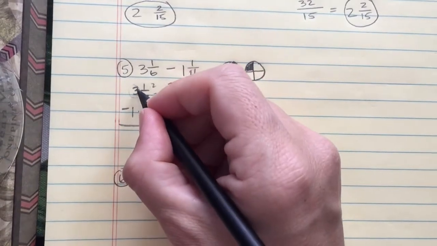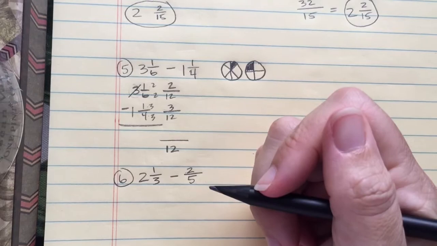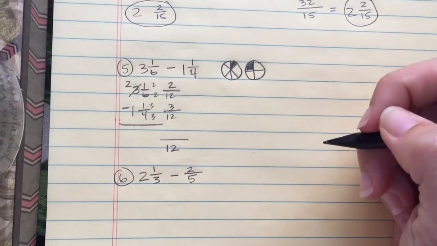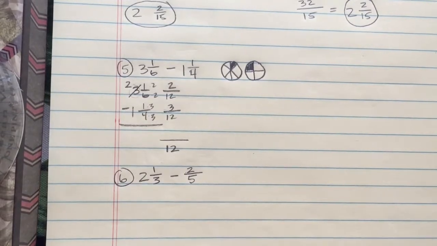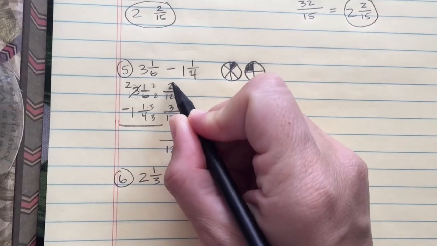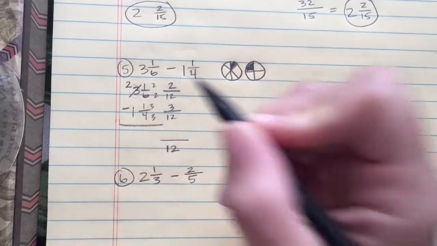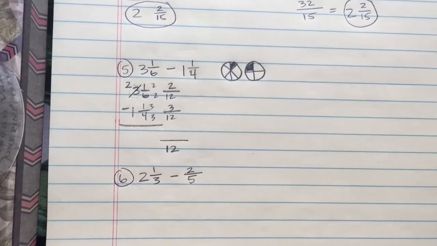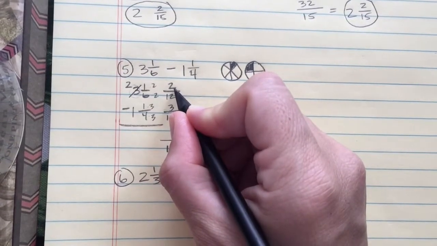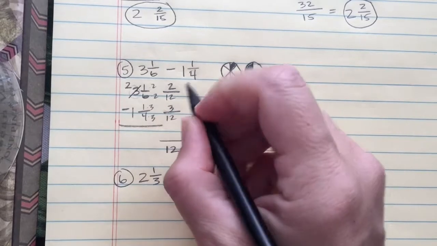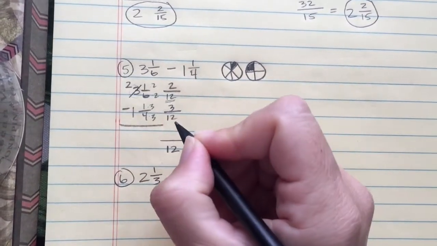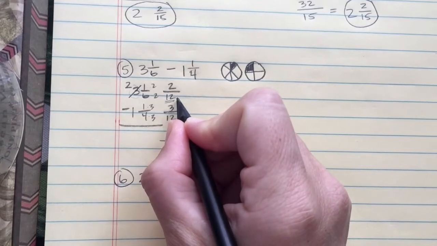Okay, we are going to cross it out just like we do in regular borrowing, and we're going to change it to one less. We're going to change it to a 2. Now, the only difference is you don't give this number here 10 like you would normally do when you're working with whole numbers. In this case, you have to give it the amount of pieces that is in our whole, which in this case is 12.